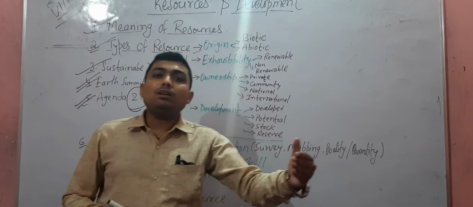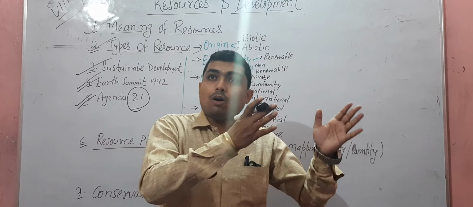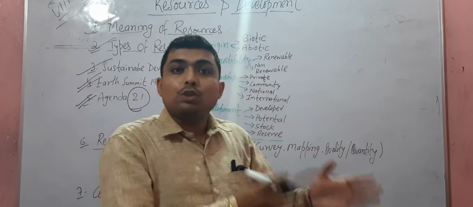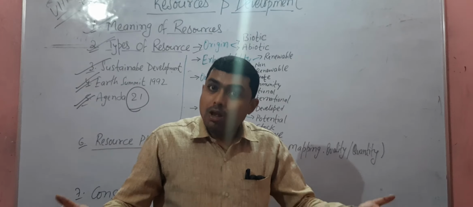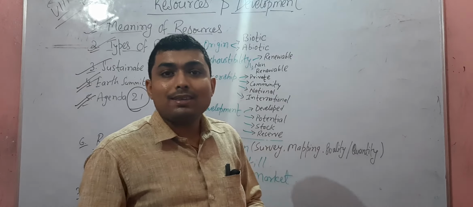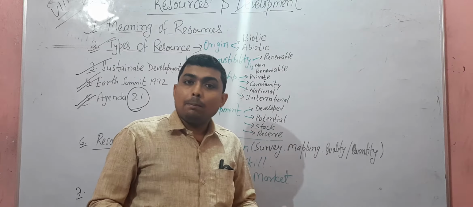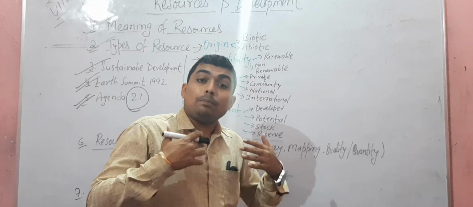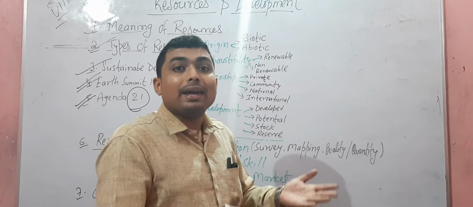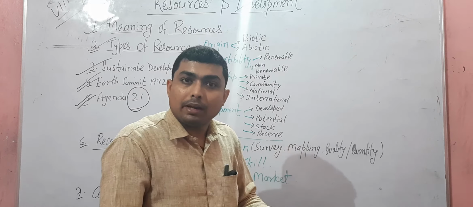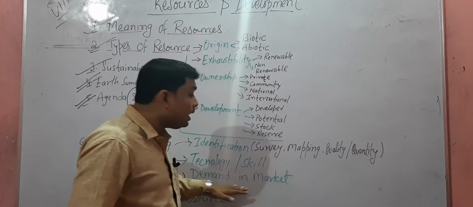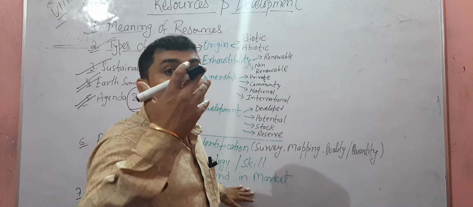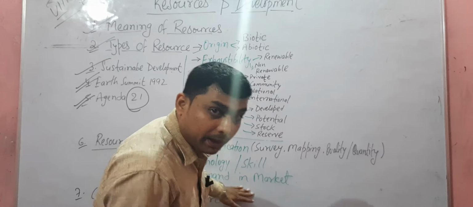Then the investment of money on that resource seems a waste. The government is not going to waste the public's money, because this is our tax money which is invested by the government. So demand in the market is also a very important and necessary thing.